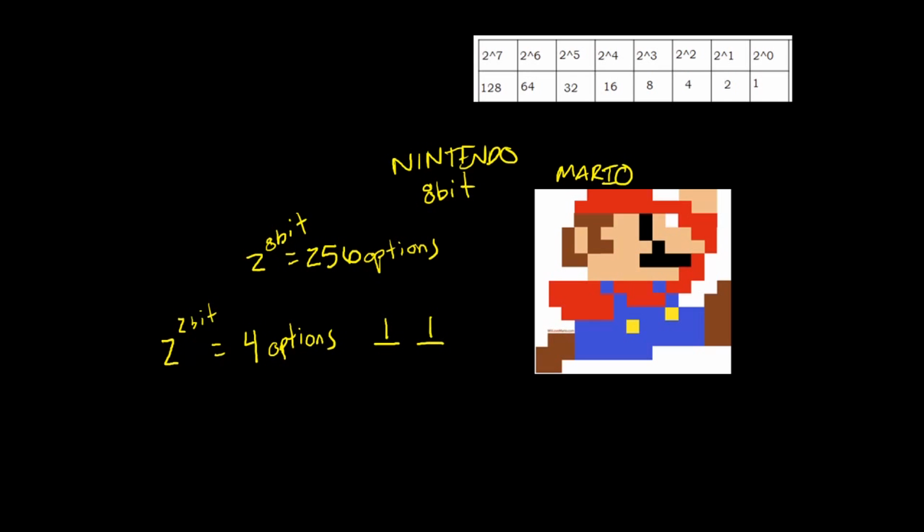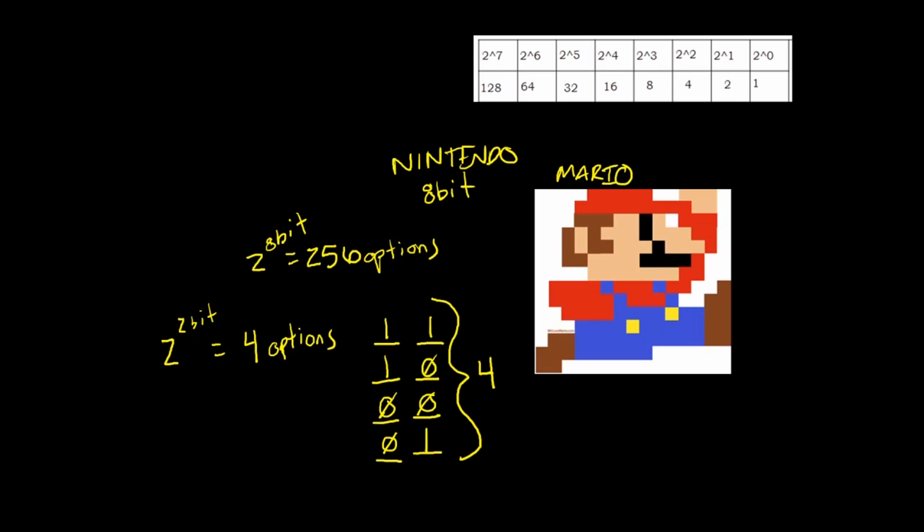Now these can be either a 1 or a 0. Again, 2 bits to work with. And finally, my last option will be a 0, 1. So in a 2-bit system, I get 4 options, 4 different options here.